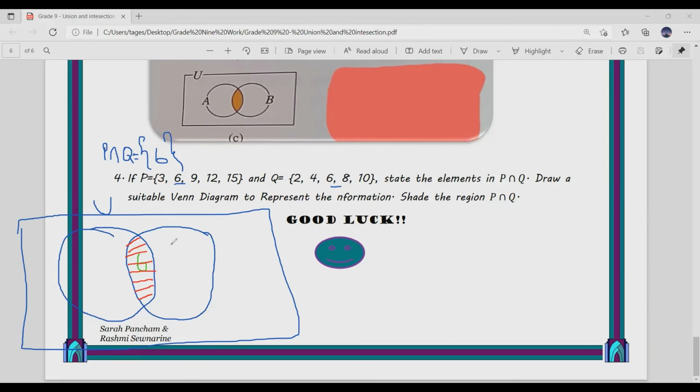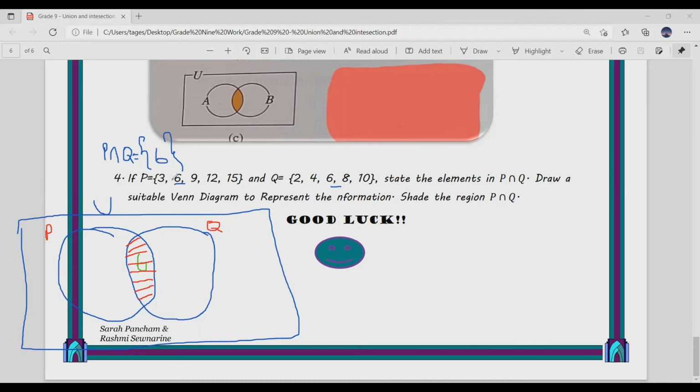P intersect Q. And then, okay, let's label our sets. This is P and this is going to be set Q. What else? We have to put in the numbers that are in P only.